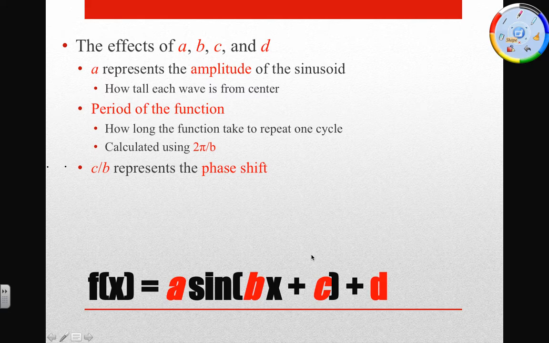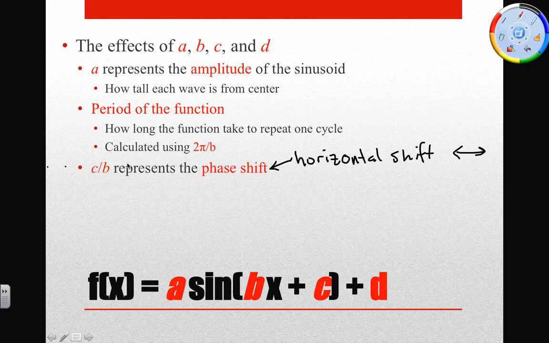The phase shift. By the way, we need to know this terminology. But in our normal terms, this is a horizontal shift. It's left or right.